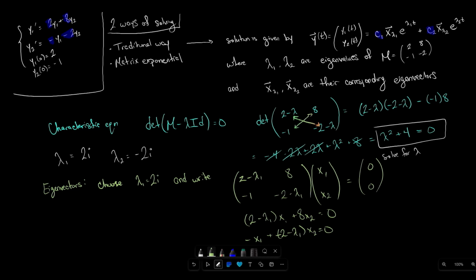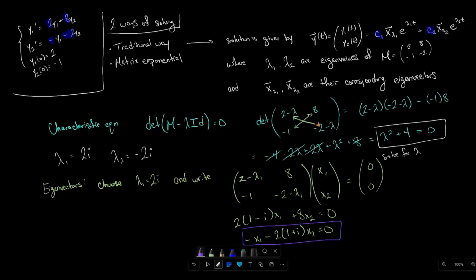Now lambda 1, you'll recall, is 2i, so I could rewrite this as 2 times 1 minus i, x1, and I could rewrite this as negative 2 times 1 plus i, x2. Now when it comes to eigenvectors, all we need is a relationship.